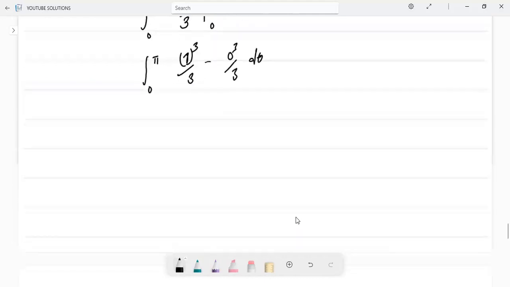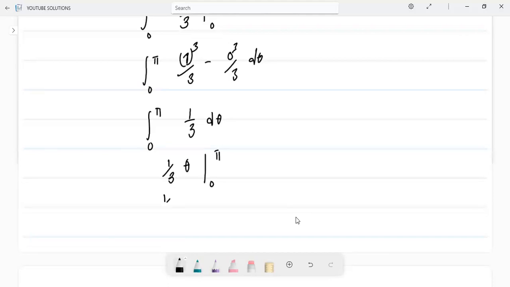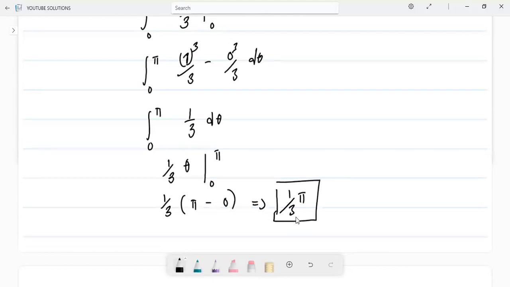So we just have the integral from 0 to pi of 1 over 3 d theta. Integrating 1 over 3 d theta gives 1 over 3 theta, with limits from 0 to pi. Substituting the upper limit pi minus the lower limit 0, our final answer becomes pi over 3. That's the final answer.